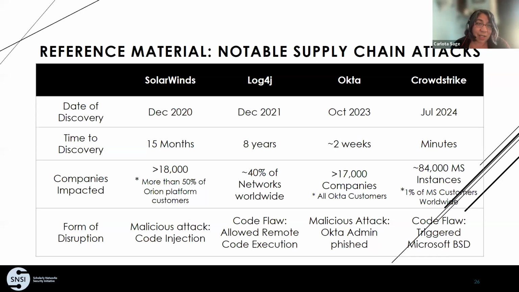It was actually a code flaw. This is not somebody targeting Log4j or Apache specifically. There was a flaw in their code that could be used. It was there for 8 years before some security researchers found it. They did a responsible disclosure.